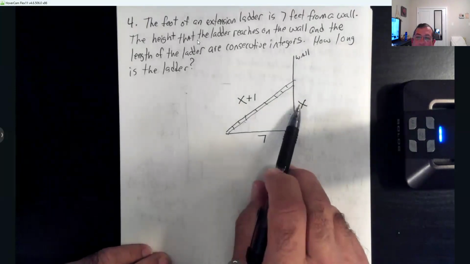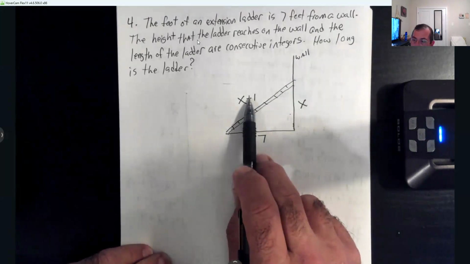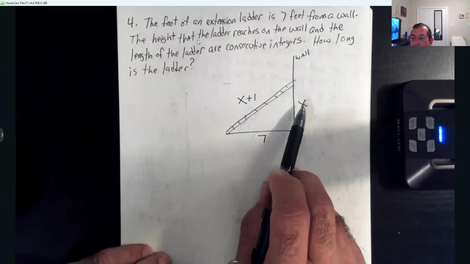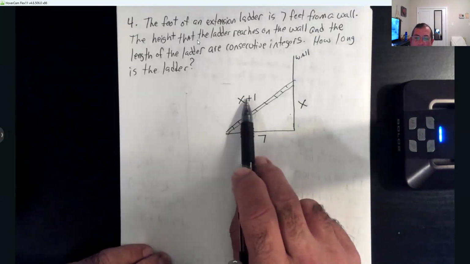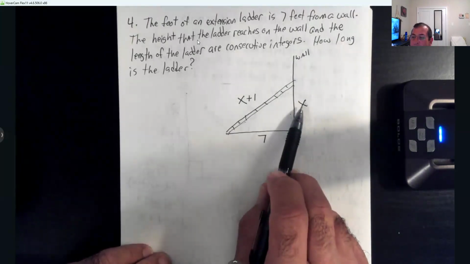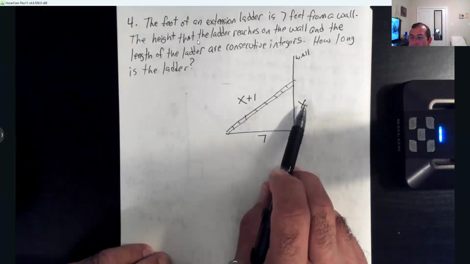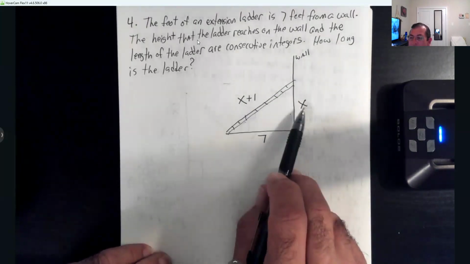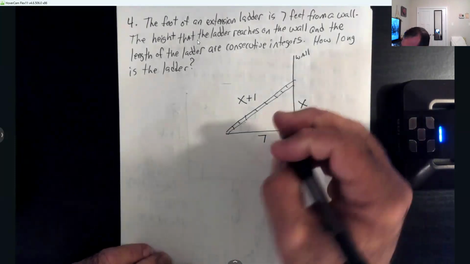So that's what it means when they say consecutive integers. Here's a number, here's that number plus 1. That's how you go from one integer to the next. So if this was 0, 0 plus 1 is 1. If this was 2, 2 plus 1 is 3. That's what they mean by consecutive integers.